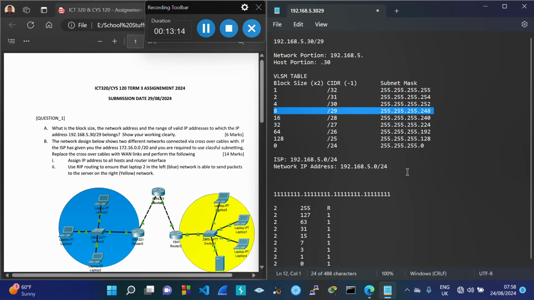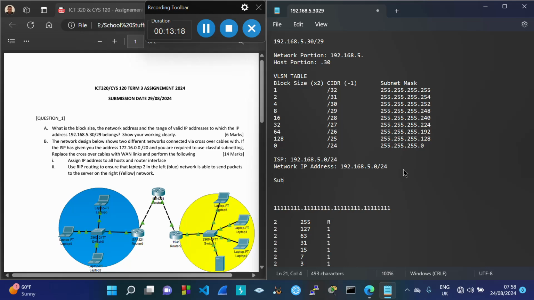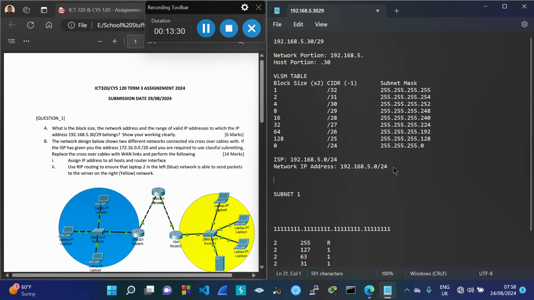So we say subnet 1. So if subnet 1 is the initial, let me just write some information here. So the block size for this network which is needed, block size, it's 8.